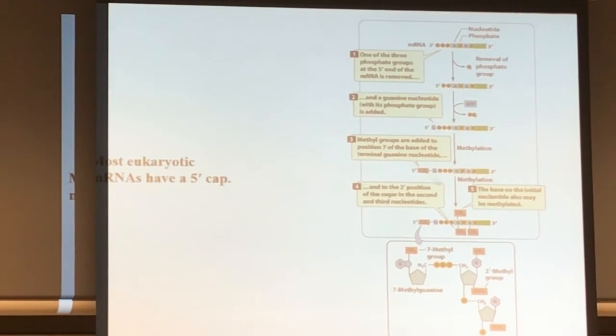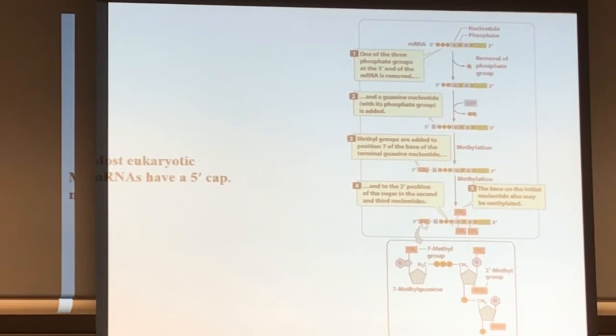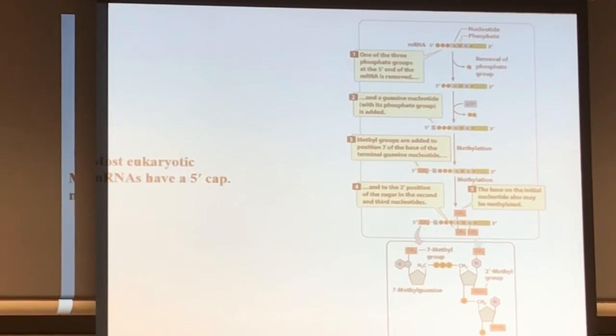Now do you see a methyl group added to the guanine here? Once the methyl group is added, for the next 1 or 2 nucleotides, further methyl groups, CH3 groups, are added. When these methyl groups are added to the guanine and also to the second and third nucleotide, this is considered the 5' cap region.